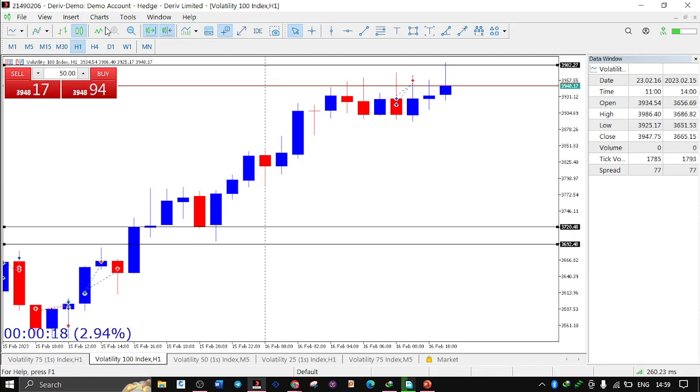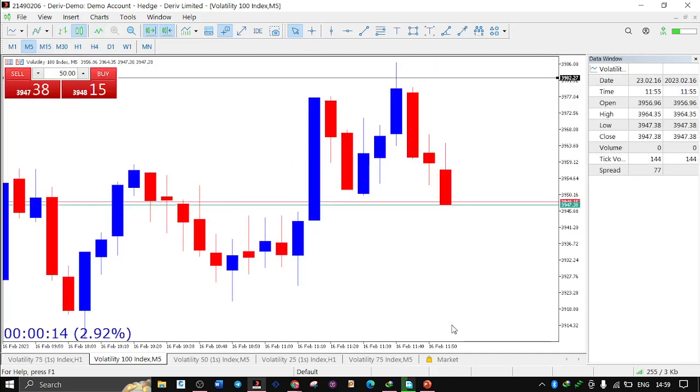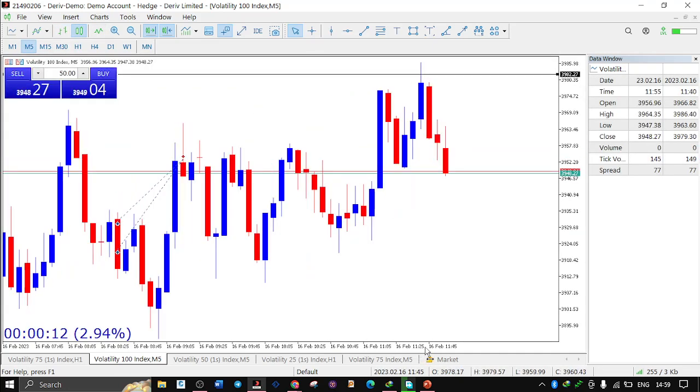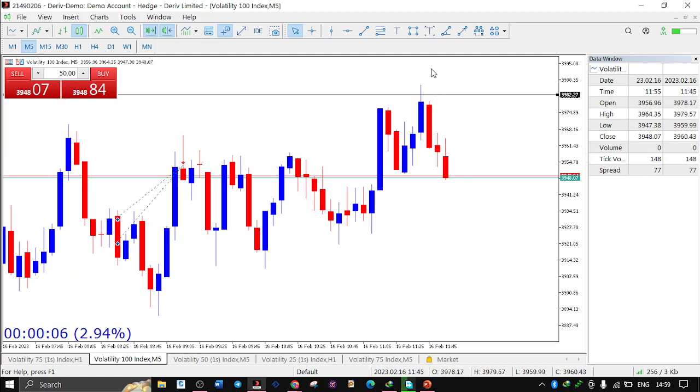So now, if we go to the chart of 5 minutes time frame, let me identify a position, maybe an opportunity. I've identified this as my resistance. Are you seeing my chart?